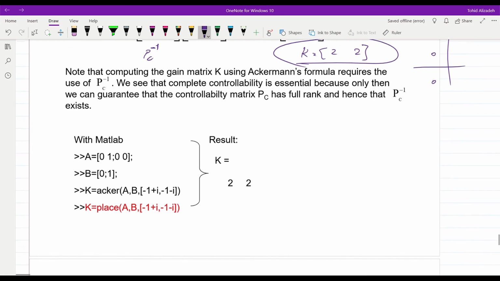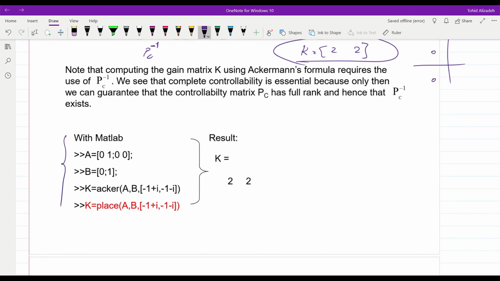You can also use the MATLAB commands acker or place in order to apply the Ackermann formula, where you provide A and B and the desired location for the poles. So this is indeed the desired closed loop pole locations.